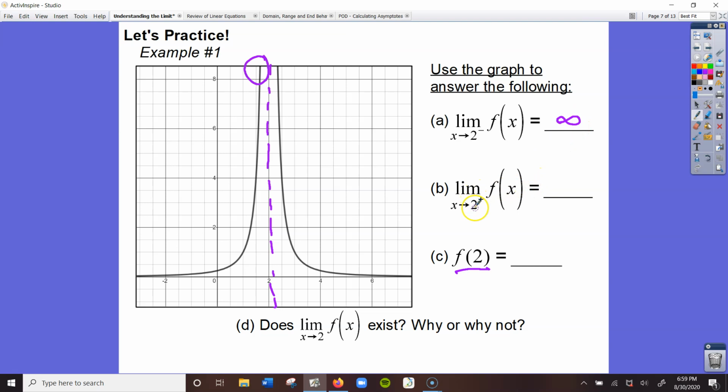And the limit as x is approaching 2 from the right is also going to be positive infinity, since we can see that on the right side, it is also going up forever. Now the actual function value, since we have a vertical asymptote at x is equal to 2, that means that there is no function value, and we would write undefined.